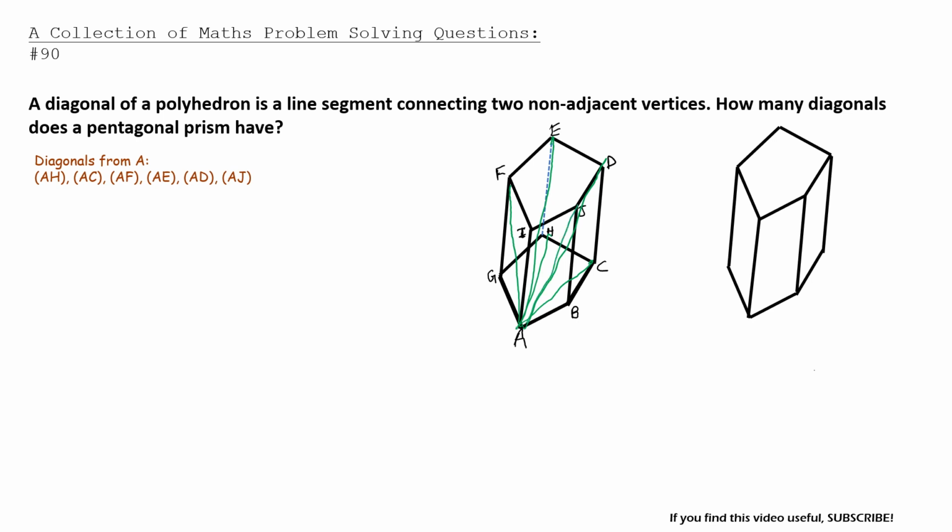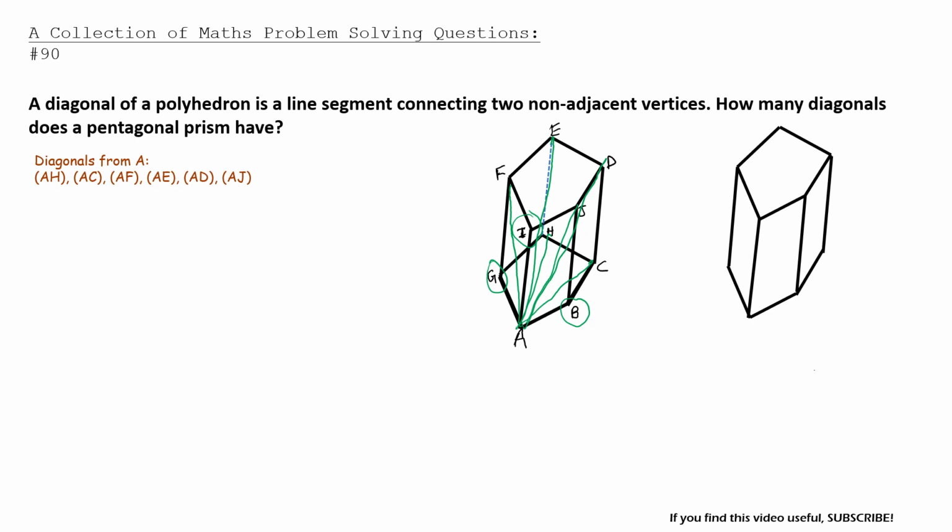What you see is the points G, B and I have no diagonals from A, because they are the adjacent points.